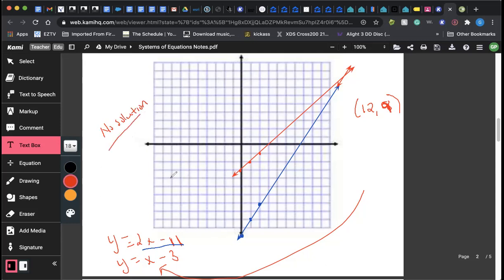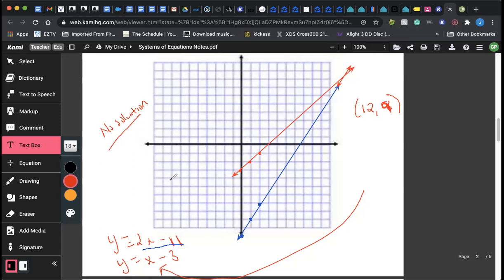So that's no solution. Okay, that also happens as well. If you get 2 lines that have the same slope, you don't have to graph them because they're never going to intersect. Same slopes means that they will not intersect. That means no solution. Okay, no solution if they don't intersect.